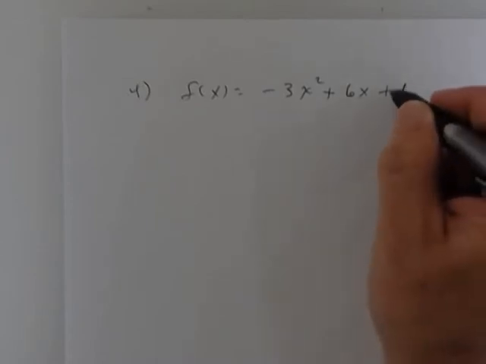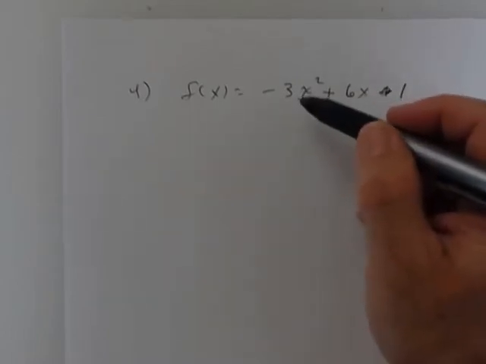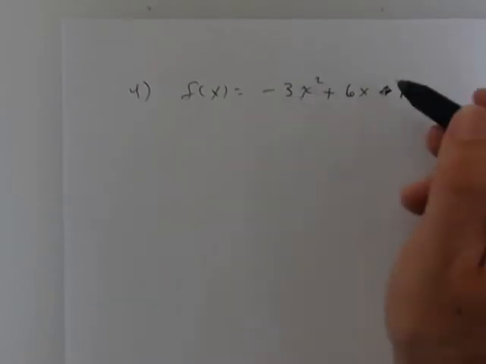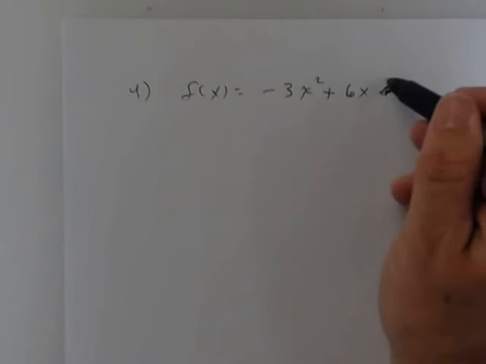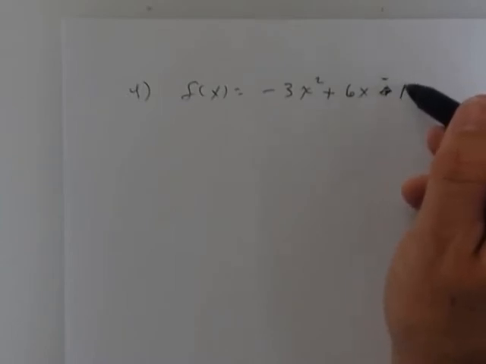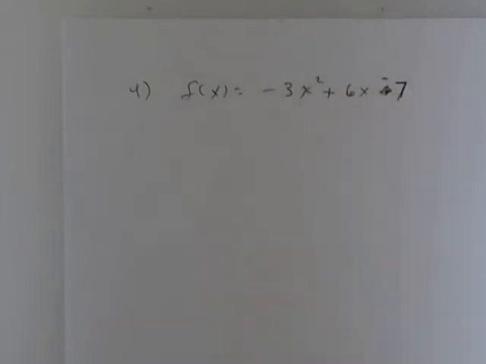Oops, sorry. Make it -7, because it's going to go down. Y'all agree it's going to open down? I'm hoping it'll work. I may have to change that c. Let's think about that for right now.